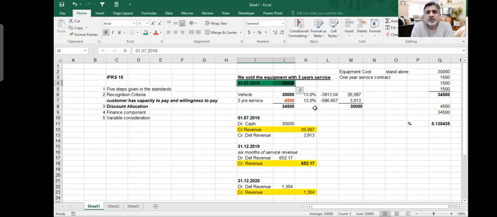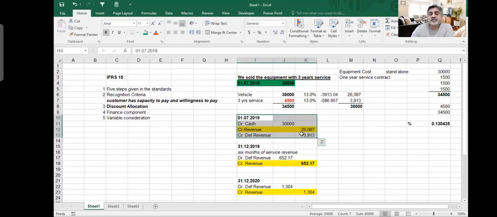So one thing is clear: on 1st of July, when we sell goods on credit, we are definitely very sure that they have the capacity and willingness to pay. So nothing will go wrong on 1st of July. It will be very smooth, because we only sold goods when we were sure that they will pay money in the future.